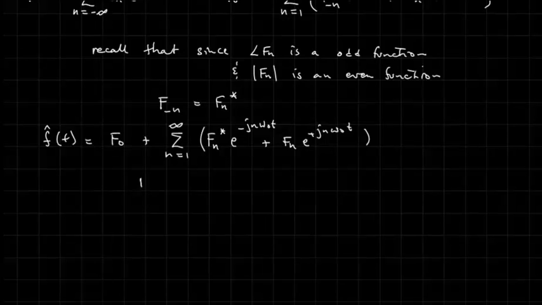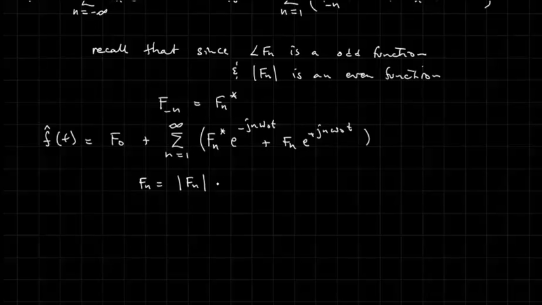Now we can represent f of n in polar form as a magnitude times an angle, which we can either write as angle of f of n, or arg of f of n, or we'll write it as the magnitude times e to the j angle of f of n.